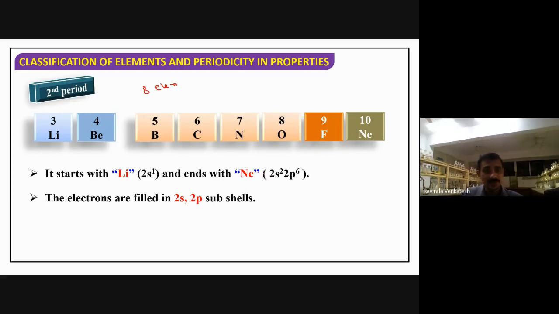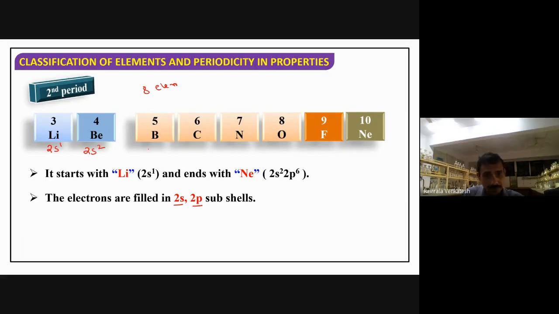Remember, if you listen to the class, it is very simple for you. In the second period, which subshells will be filled? The 2s orbital and the 2p orbital. Why? Because you observe here, it is 2s1, then 2s2.